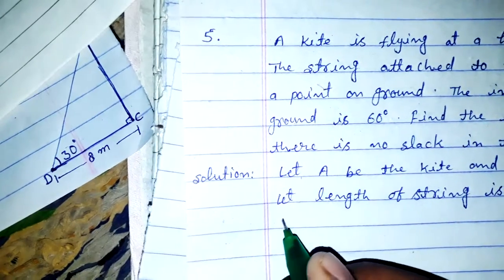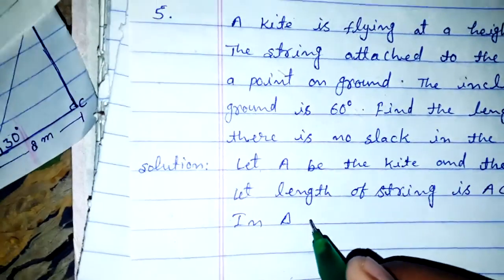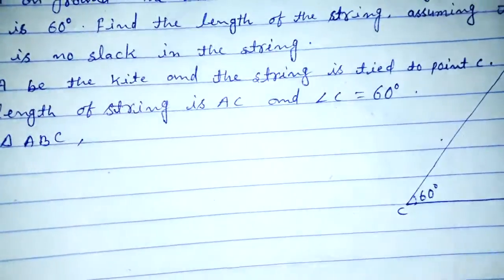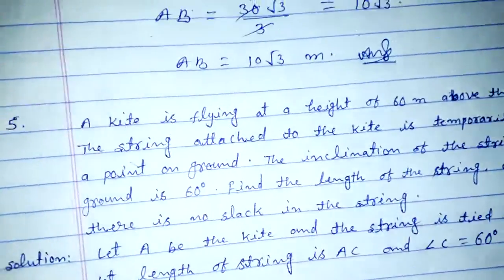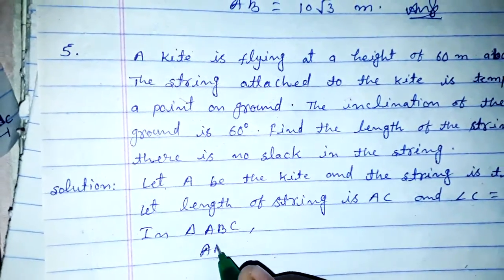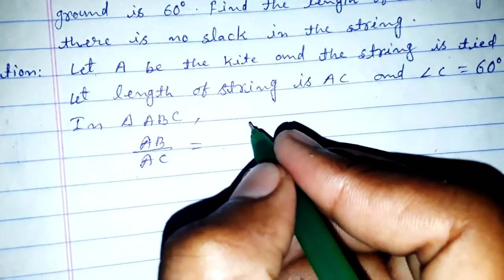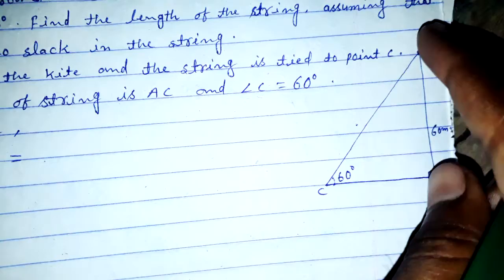In triangle ABC, take the ratio of this side and this. So AB upon AC is equal to sine, because this is the opposite side to angle 60 and this is the hypotenuse.